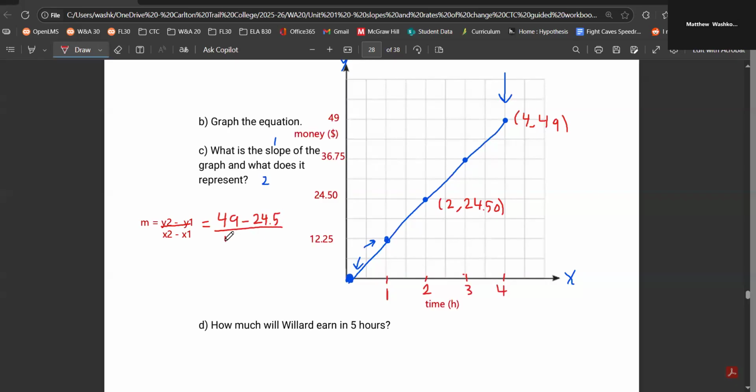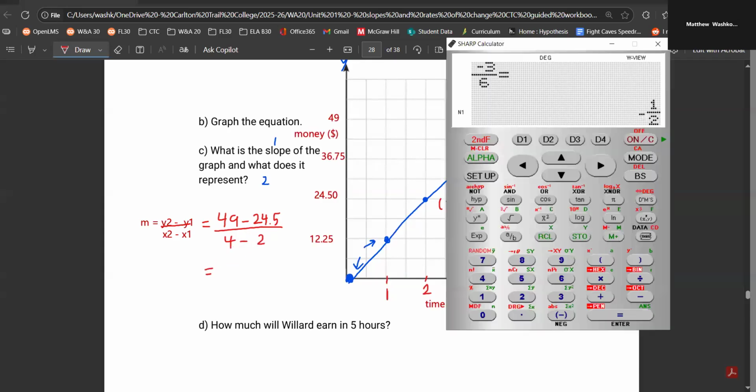My X2 is 4. My X1 is 2. So let's put it all in here, just like this. I haven't shown this yet. 49 minus 24.5 over 4 minus 2.